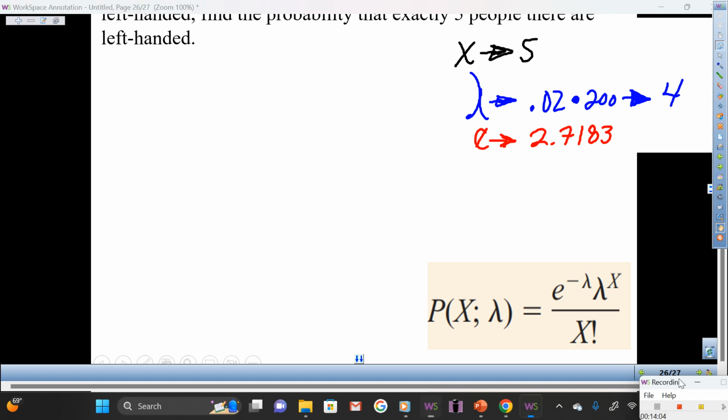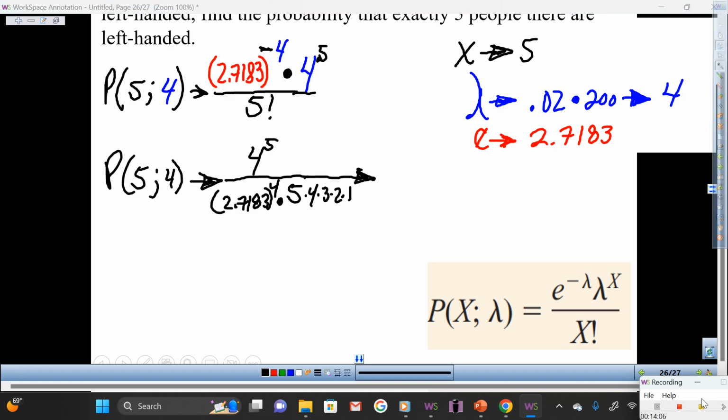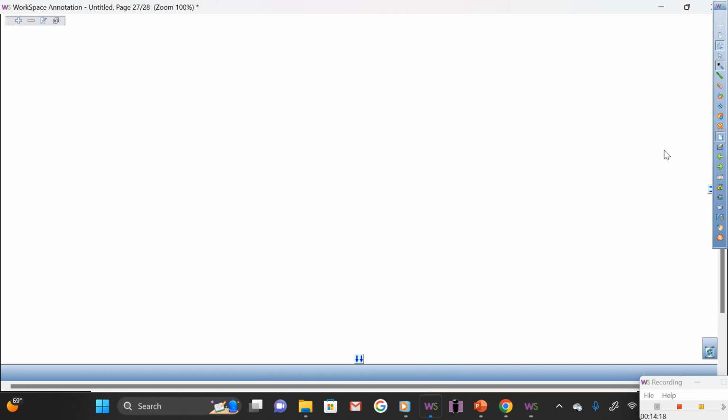I'll give you some time. Copy and go. Check your work. So basically, we're bringing this piece down to the denominator and changing it to a positive. Yes? Now let me take you back in time. Whenever you have a negative exponent, you change it into a positive.